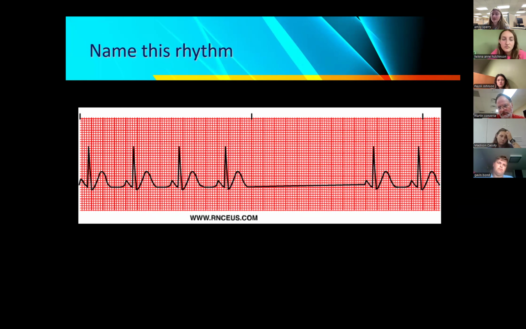There's one big difference, Emily. Well, one of them is missing like 1 beat and one is missing like 2 or more. So which one is missing the 1 beat and which one's missing 2 or more? So the block is missing 1. Mm-hmm. So is it sinus arrest? Yes, very, very good. Yeah, you're exactly right.